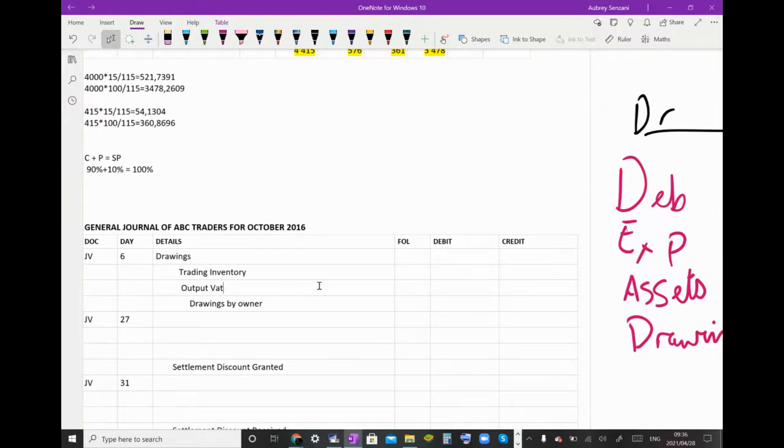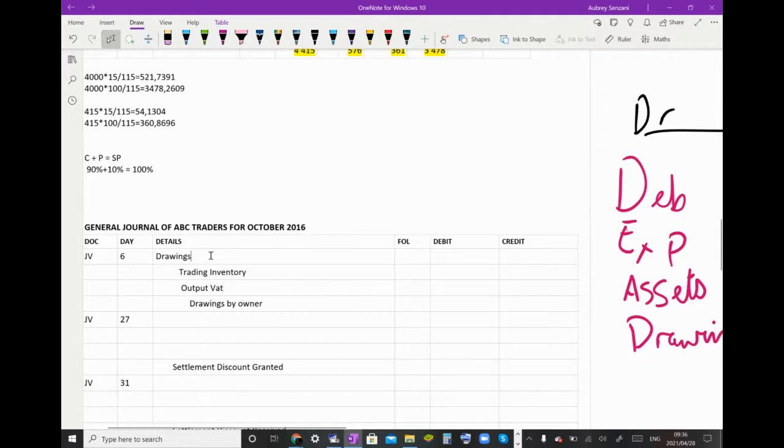It's the cost exclusive of VAT. So here on the 6th, what do we have? They told us marked price, 2,500. Which price is this? Is this the cost price or the selling price? It's the 100%. It's the selling price. If they say marked price, they mean the selling price.